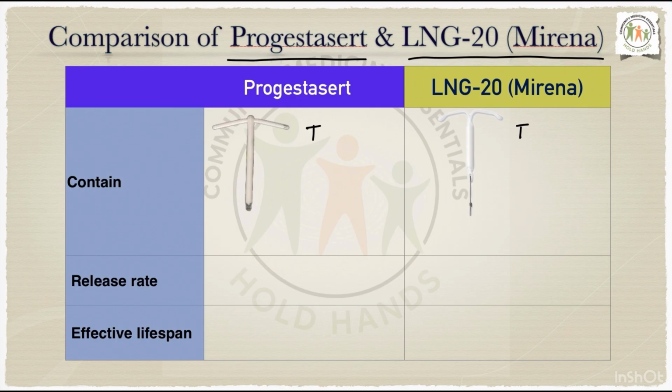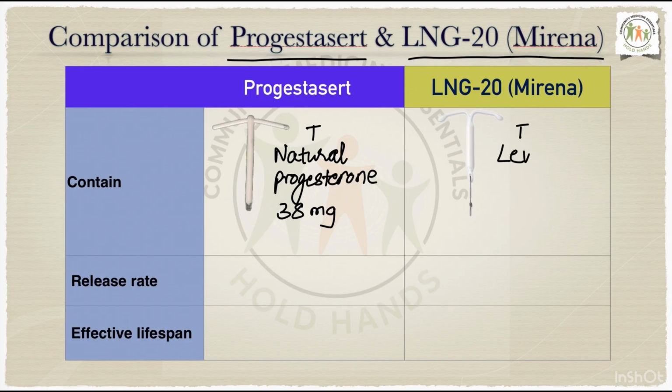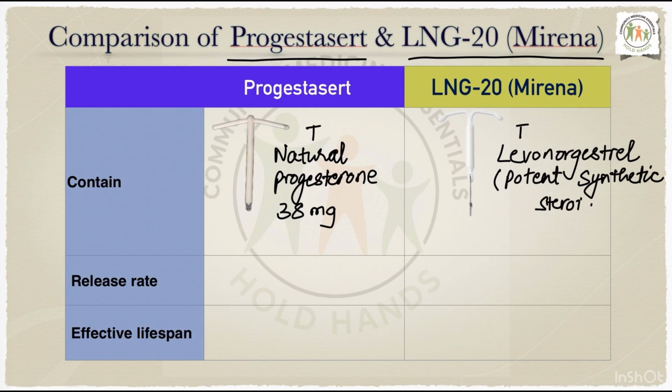Progestasert contains natural progesterone (38 milligram of natural progesterone), and LNG20 or Mirena contains levonorgestrel, which is a potent synthetic steroid.